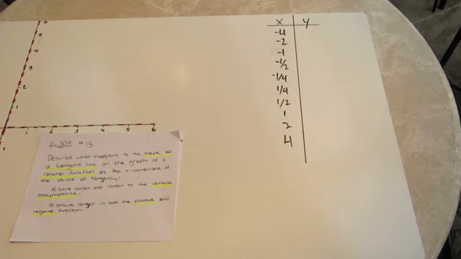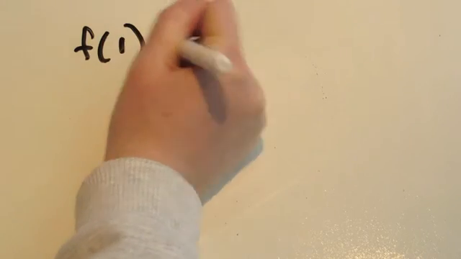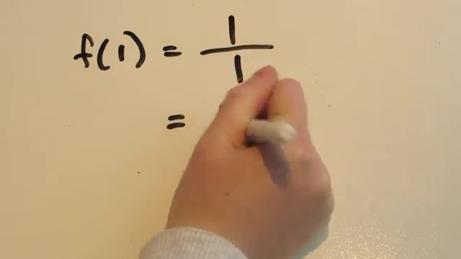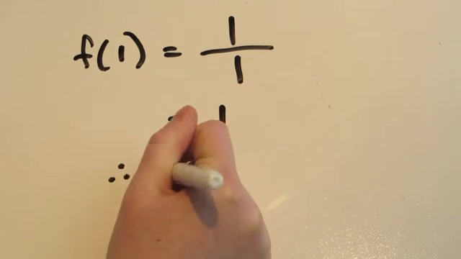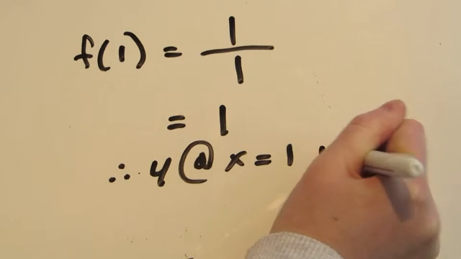To find the corresponding y values for those x values, I will substitute the x values into the equation. For example, f at 1 equals 1 over 1. This equals 1. Therefore, the y value at x equals 1 is 1.